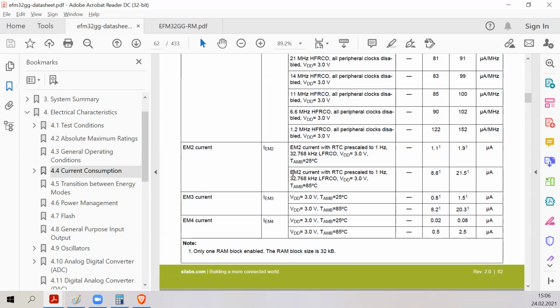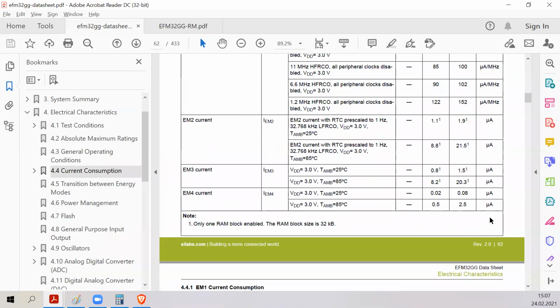So this is the problem. At high temperatures, you just have to realize that the leakage will be higher. At low temperature, lower. And here we can also check out the energy mode 3 current. Again, when the low frequency oscillator is switched off, it consumes even less energy, but at high temperature, still significantly more.